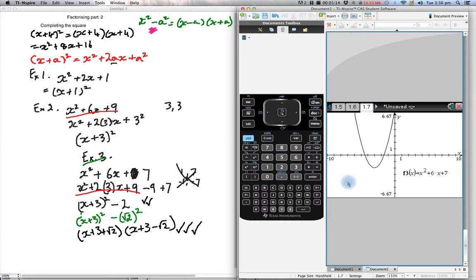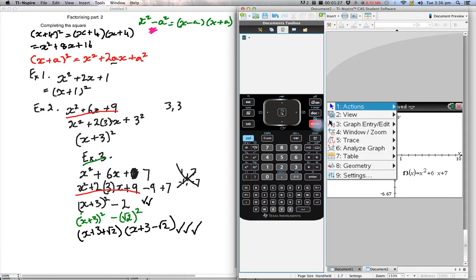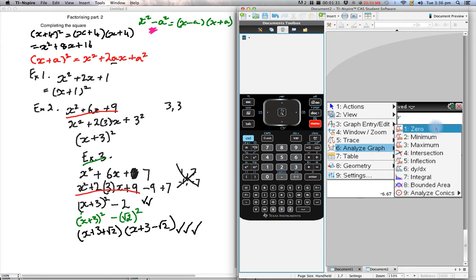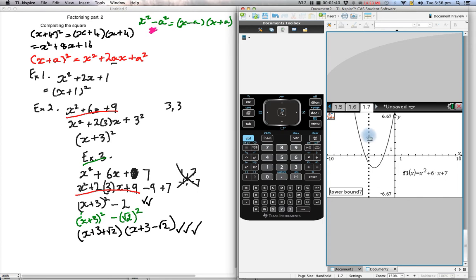One thing we might be interested in is what are these x-intercepts here? And we can get our CAS to do that. Let's analyze this graph. And what we're doing is finding the zeros. I'll explain why that's called zero in a moment. But the zeros is the intercept, so first ask for a lower bound.